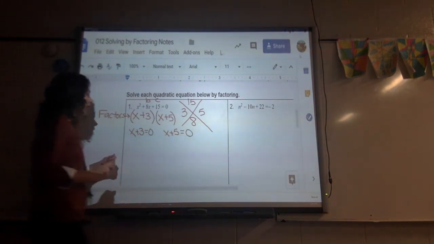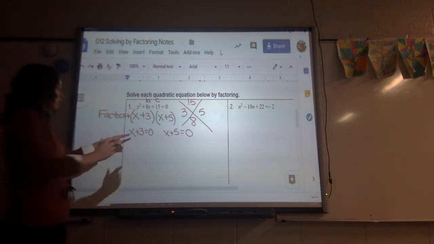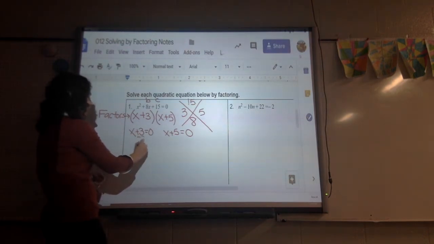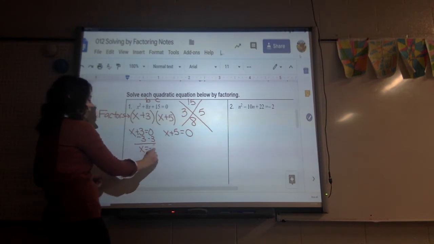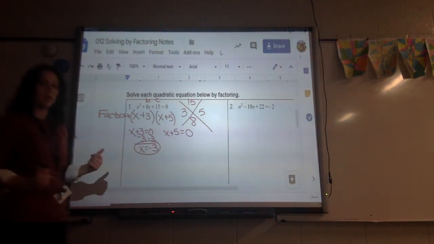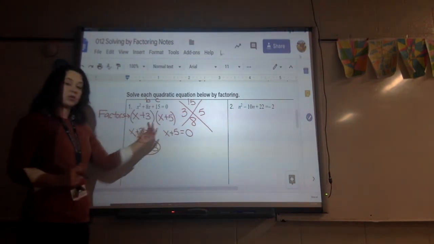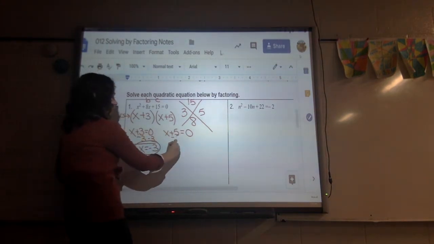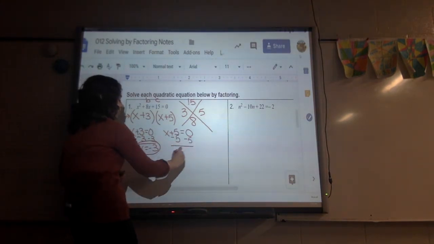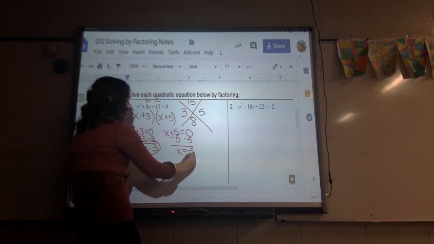Okay? Well, if I solve these equations, to solve x plus 3 equals 0, I subtract 3 to the other side, and I get x equals negative 3. If I was going to solve x plus 5 equals 0, I subtract the 5 to the other side, and I get x equals negative 5.